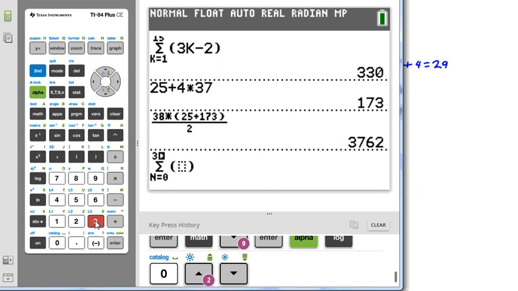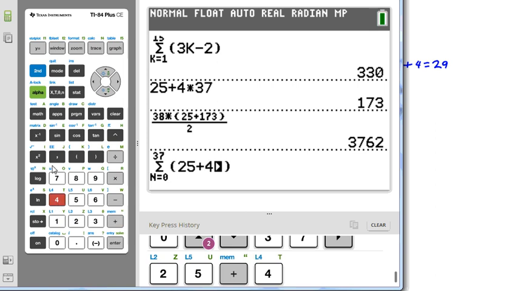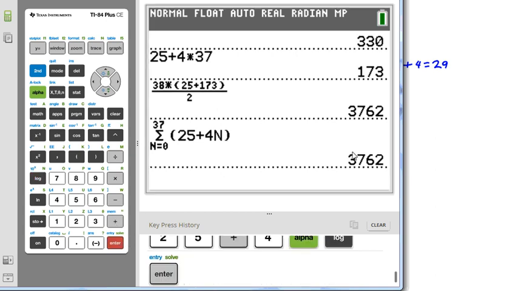There we go, 37. And then inside parentheses here we have 25 plus 4n. And we get the same value.